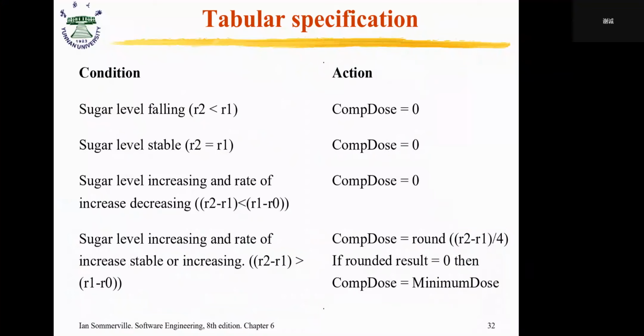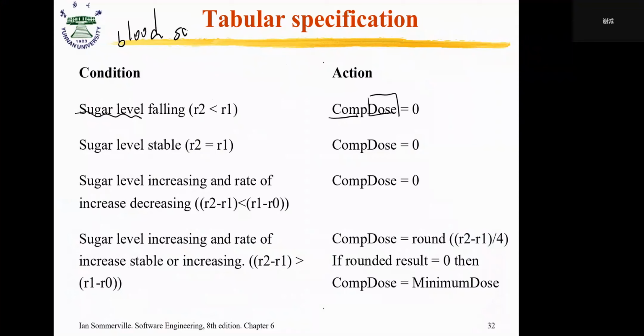Like this one, everyone. This one actually is a so-called machine control system. This machine control system is to inject some drug into your blood. This drug can reduce your blood sugar level.